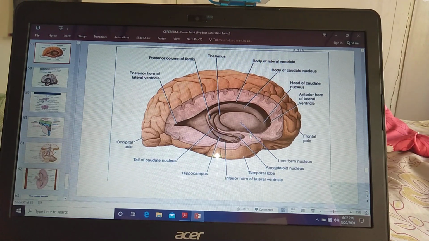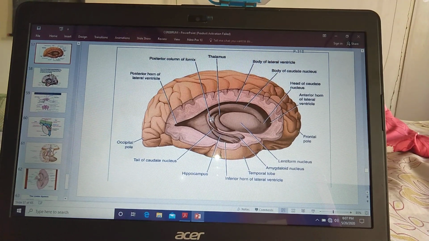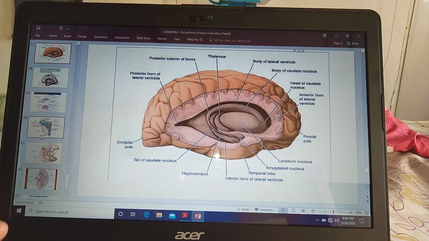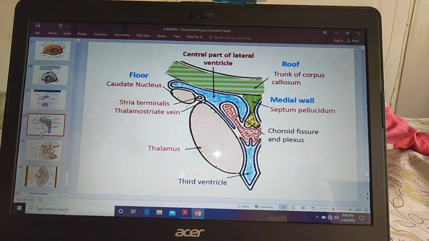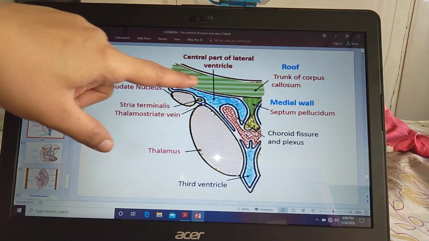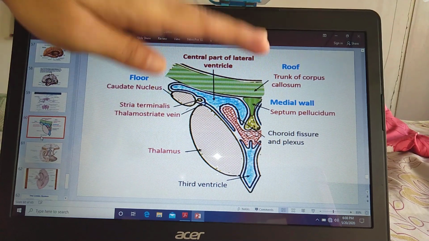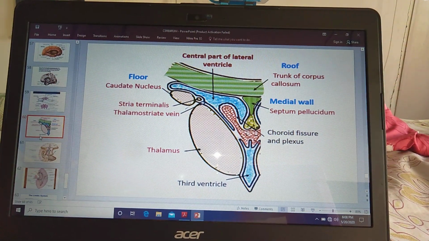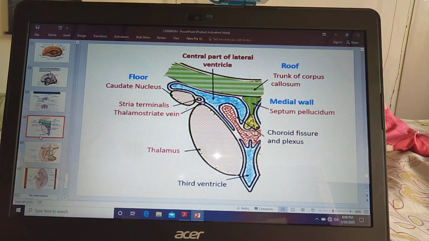Now the boundaries, first the roof. You can see the roof is formed by the undersurface of the corpus callosum. This corpus callosum forms the roof of the central part of the lateral ventricle.